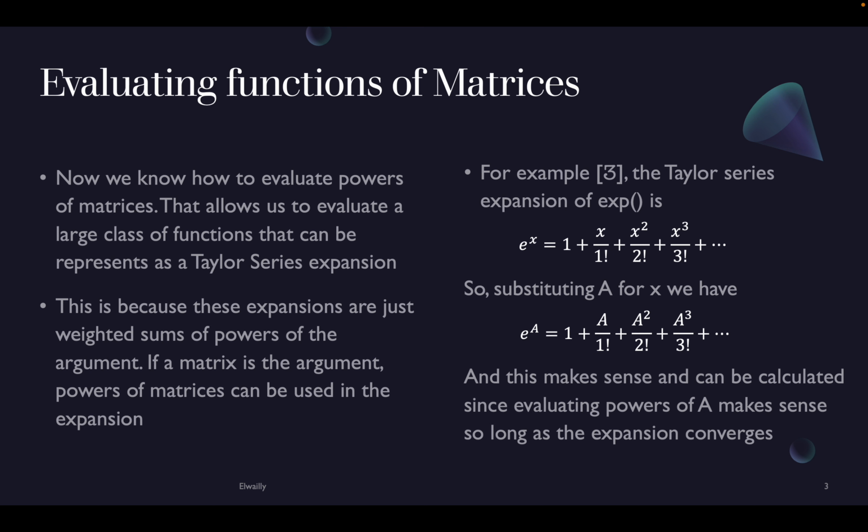The obvious example is a scalar, so e to the power of a scalar is 1 plus that scalar over 1 factorial, etc. But we can also use a matrix. E to the power of a matrix is 1 plus the matrix over 1 factorial plus the matrix squared over 2 factorial plus A cubed over 3 factorial, etc.